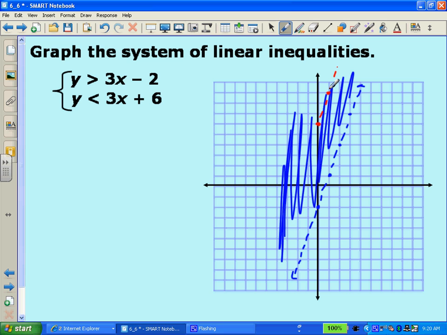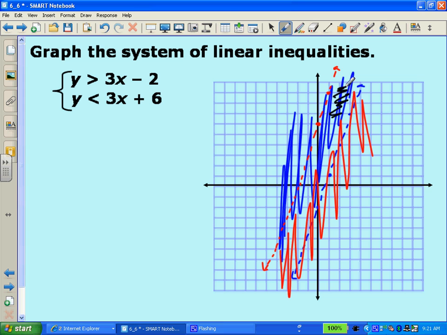It's also dashed. And it's less than, so it gets shaded below. And you can see that the two are going to overlap down the middle. So all the solutions to this system of inequalities would be in between the two lines.